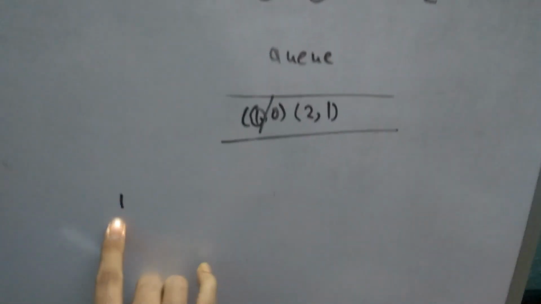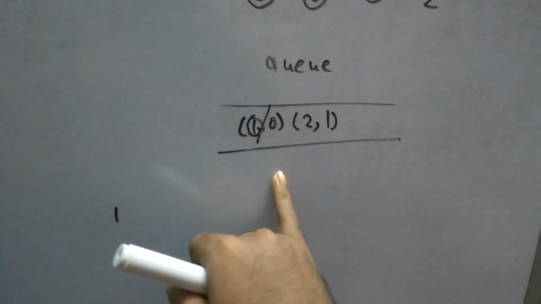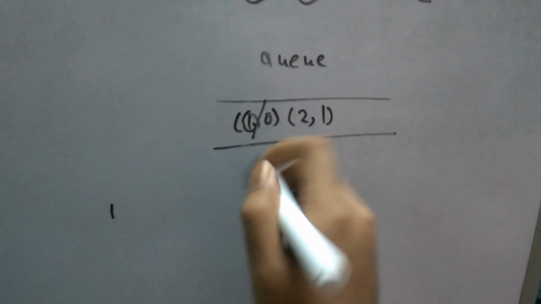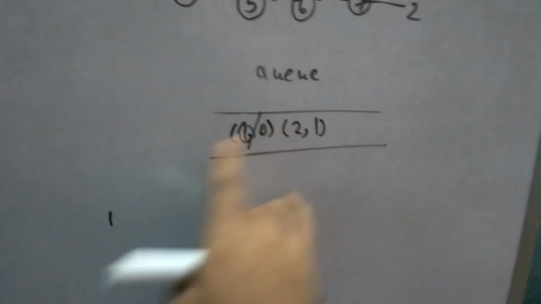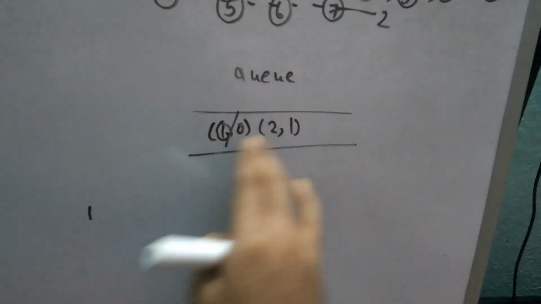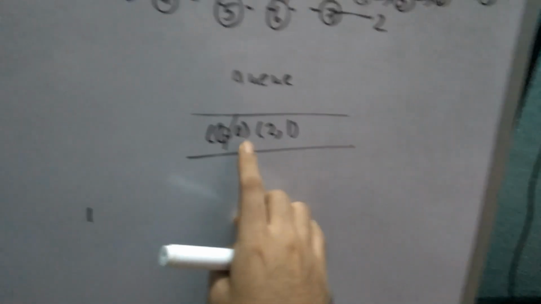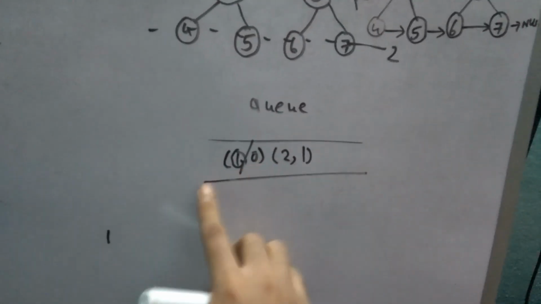After that, whenever we are popping a node, immediately we check if there exists any element in our queue. We take that element and we check whether the popped element's level and the existing element just next to it have the same level or not. In this case they are not the same. This is 0 and this is 1, so we do not connect them.